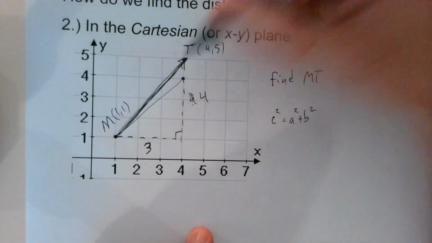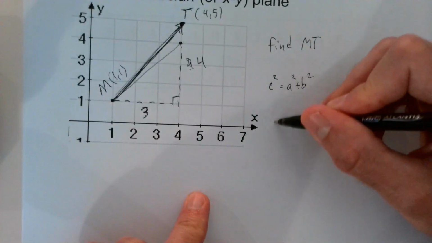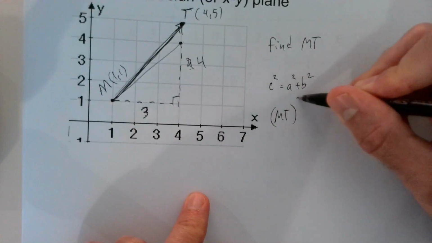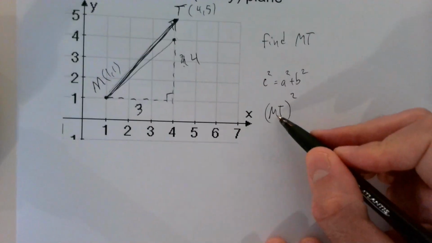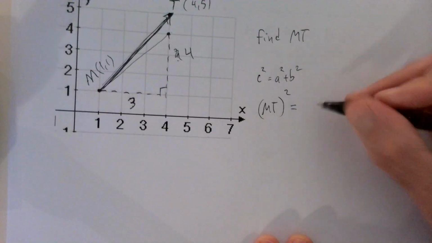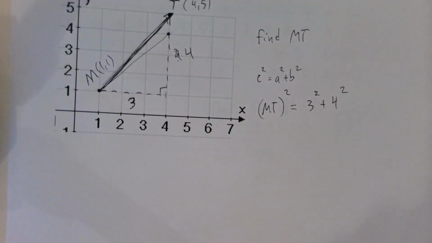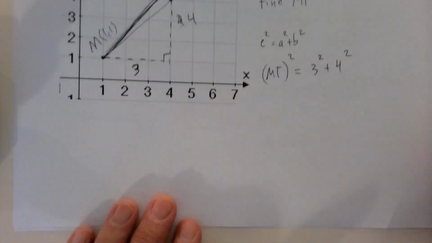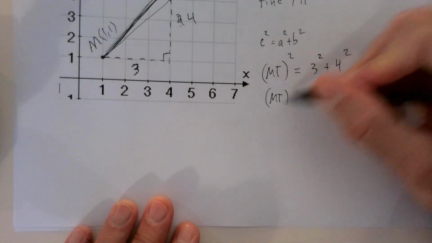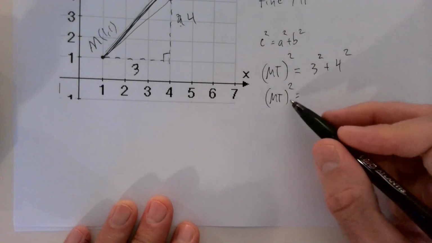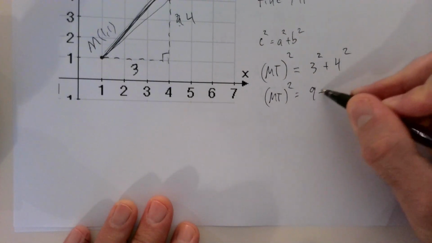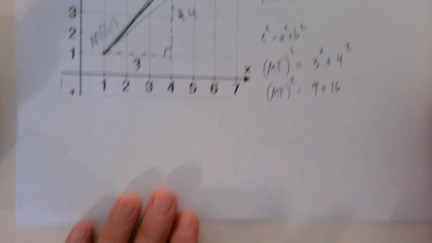So using Pythagorean theorem, I'm going to say mt squared, that's just the length, it's a number, equals 3 squared plus 4 squared. Okay, so I have to square first. mt squared, I don't know what that is, so I'll just leave it as is. It's the same as 9 plus 16.